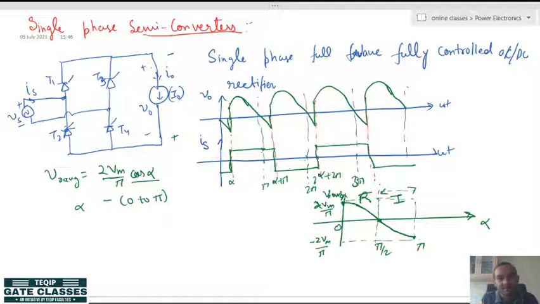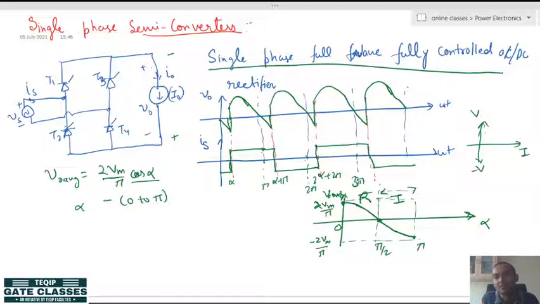In this single phase full wave fully controlled rectifier, although we are getting 2 quadrant operation, where the voltage can become negative, if you plot it, you get first quadrant and fourth quadrant operation.